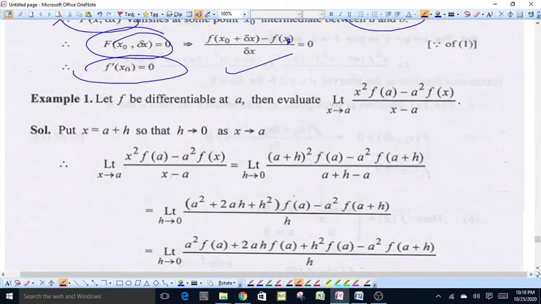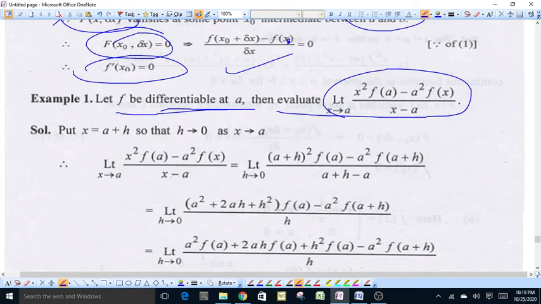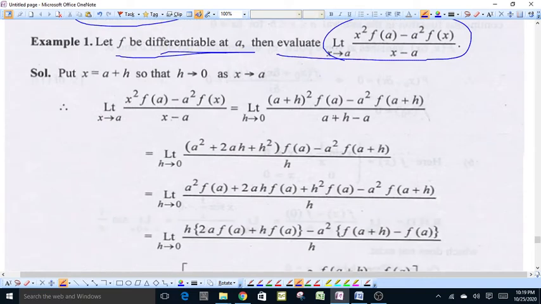Now we discuss some examples. Suppose f is differentiable at point a, then evaluate the limit of [x² f(a) − a² f(x)] upon (x − a) as x approaches a. We put x equal to a + h, so that h approaches 0 as x approaches a.